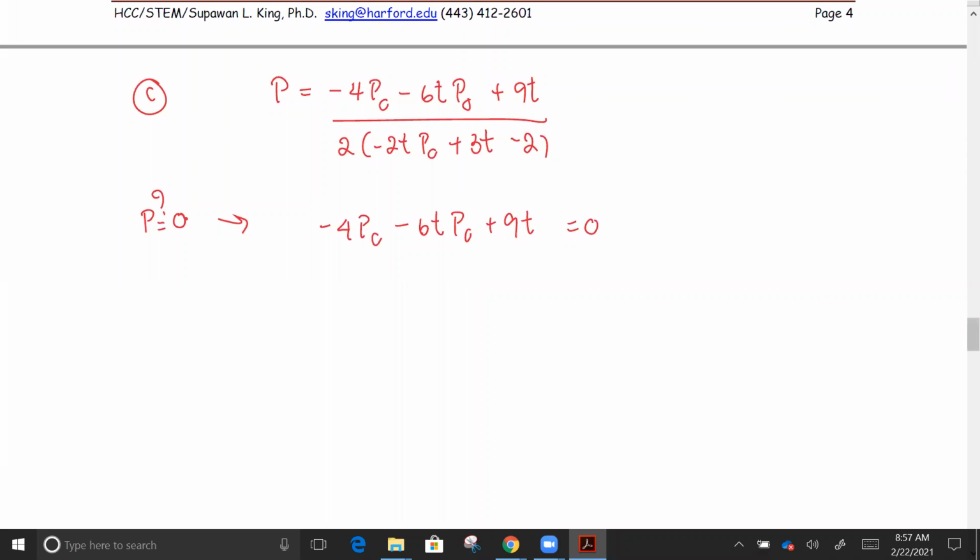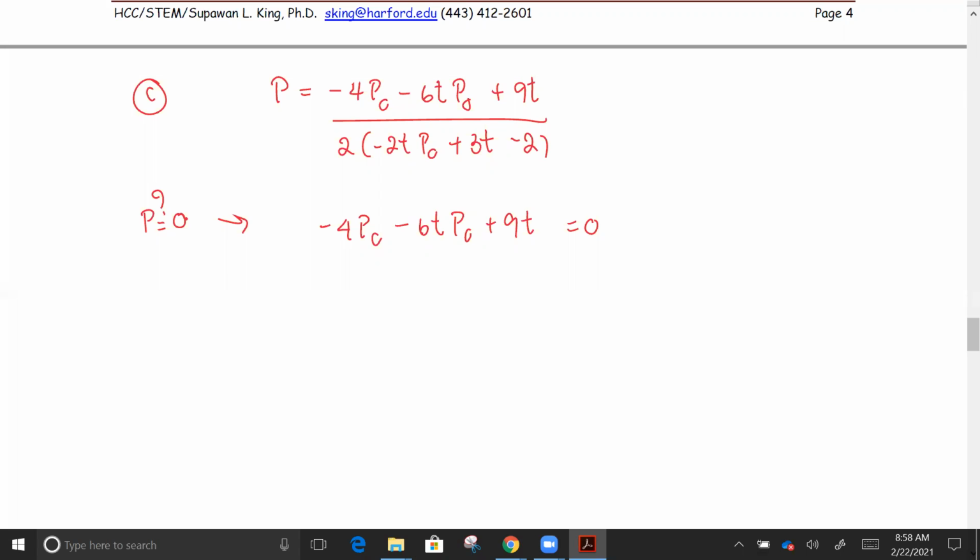Now we're going to find out, can we find a t that makes sense, a positive number t, that makes p to be 0. Okay, we're gonna find out by solving for t for this expression.